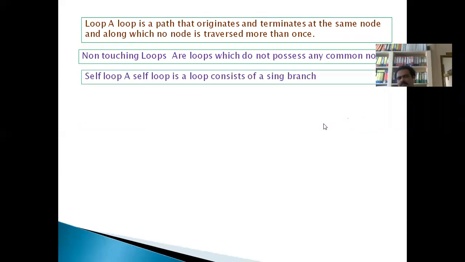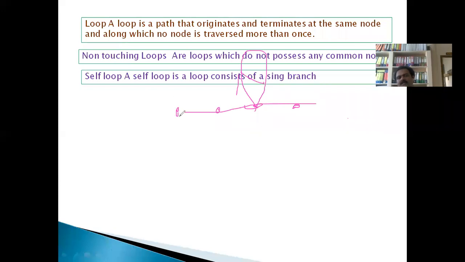Next, self loop. A self loop means a loop which contains only a single branch. In some signal flow graphs, a loop has its starting point and ending point something like this.